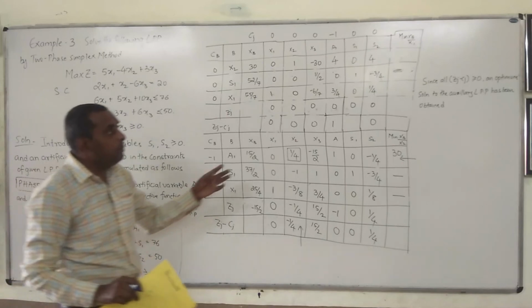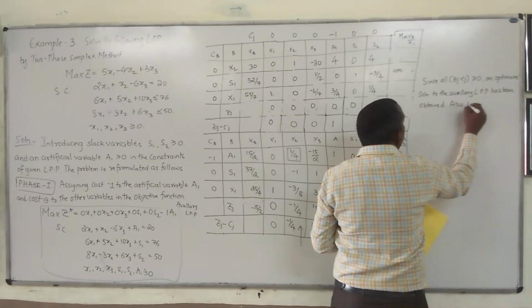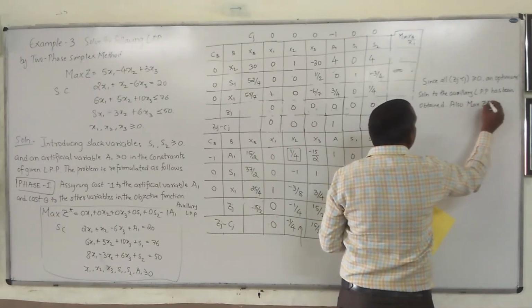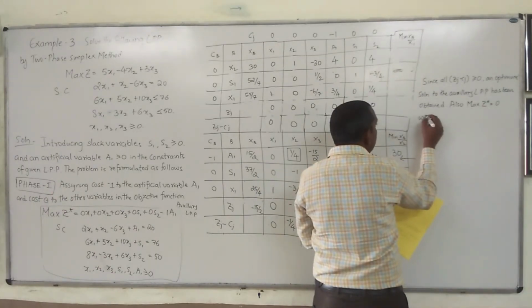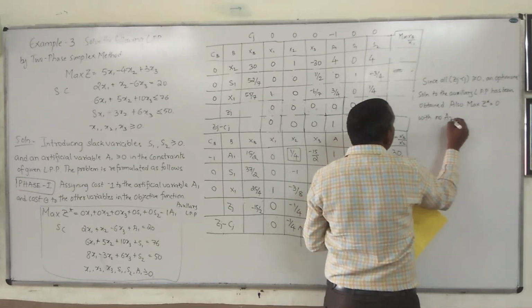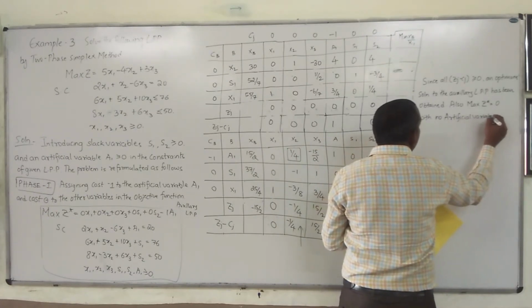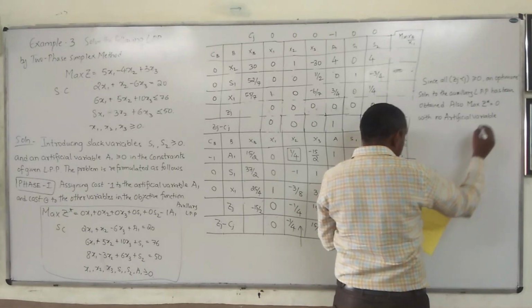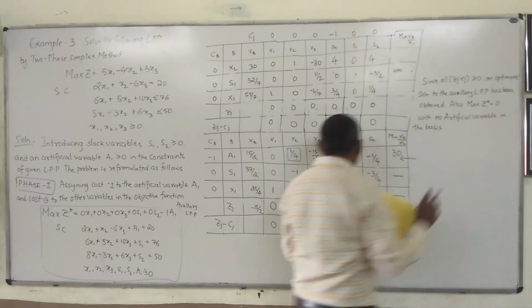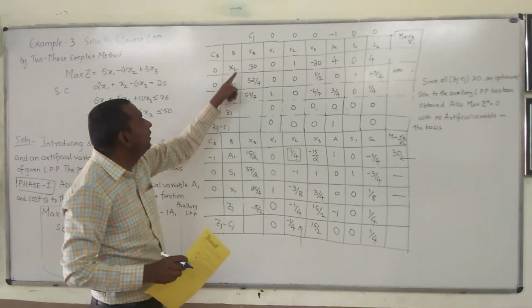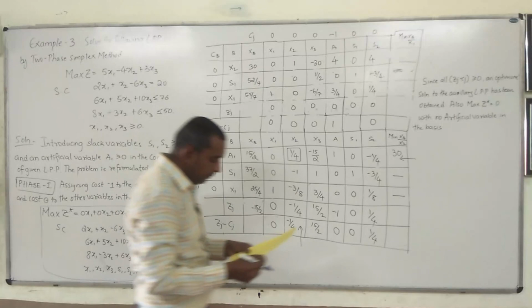So the auxiliary LPP has an optimum solution. Also, max Z star is equal to 0 with no artificial variable in the basis. So is there any artificial variable in the basis? No. Here x2, x1 and s1 are there in the basis. Fine.